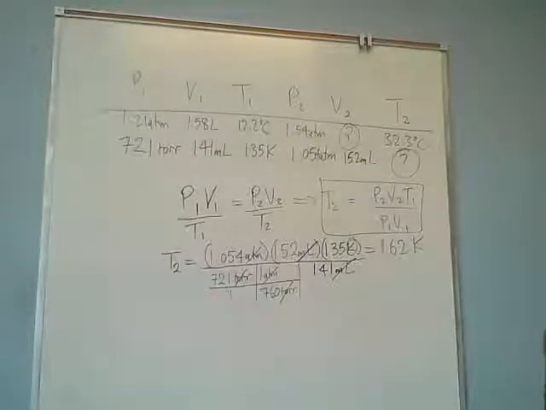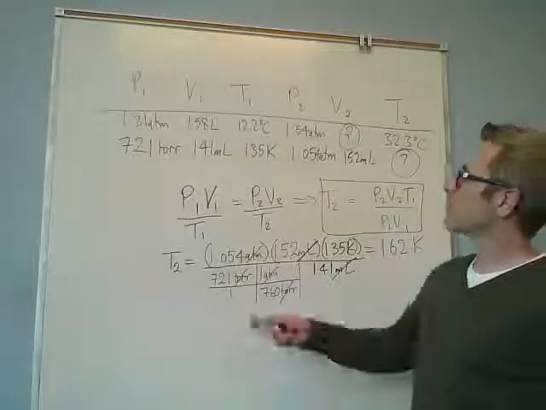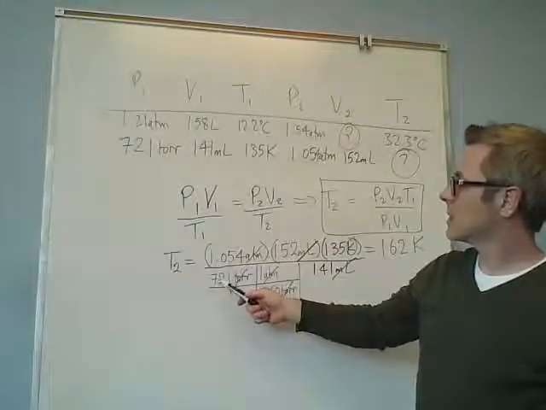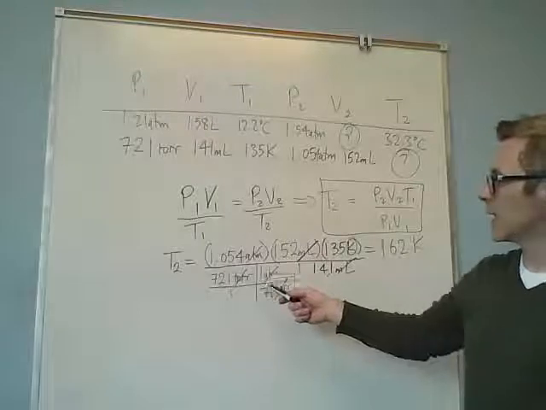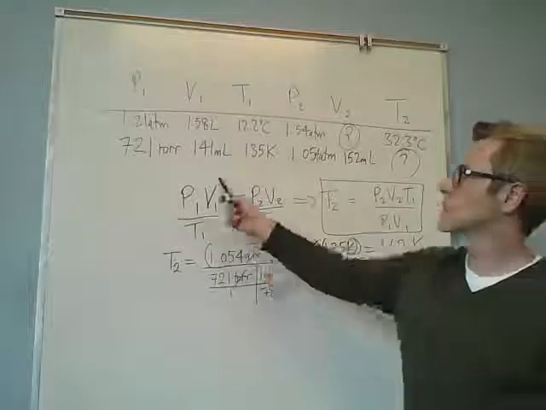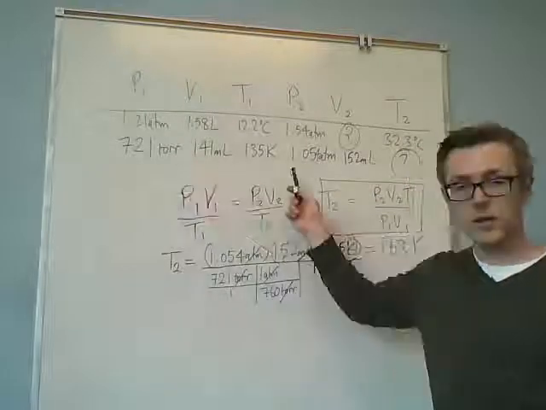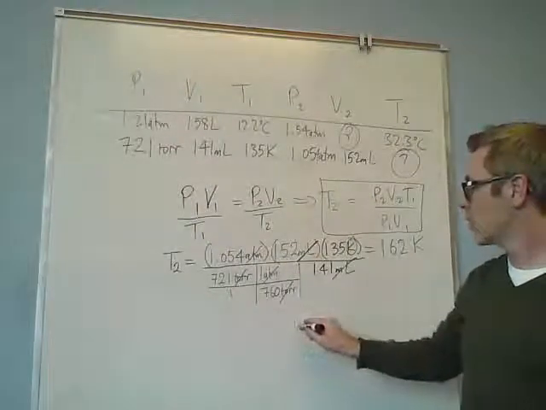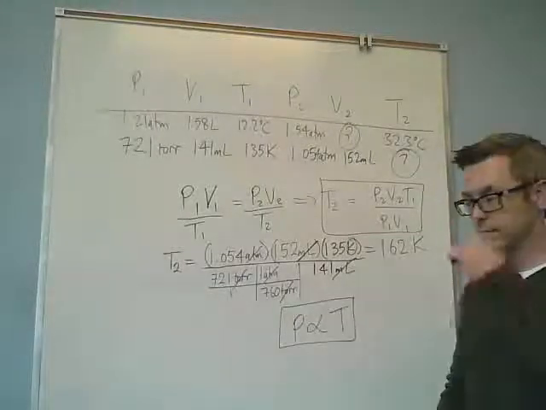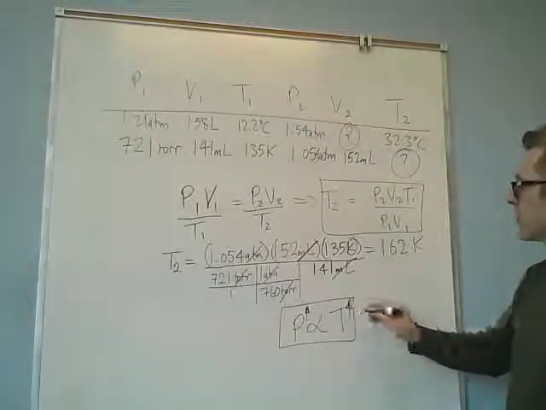Does this make sense? Well, let's look at P and T. 721 torr is less than 760, so this is less than 1 atmospheric pressure, and then the final is greater than 1 atmospheric pressure, so the pressure increased. We know the pressure is proportional to temperature. Gay-Lussac's law. The pressure increased, the temperature must have increased.